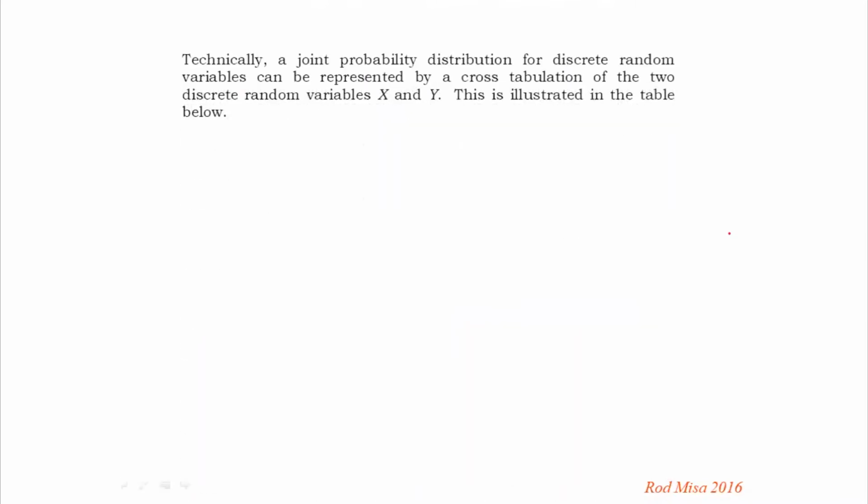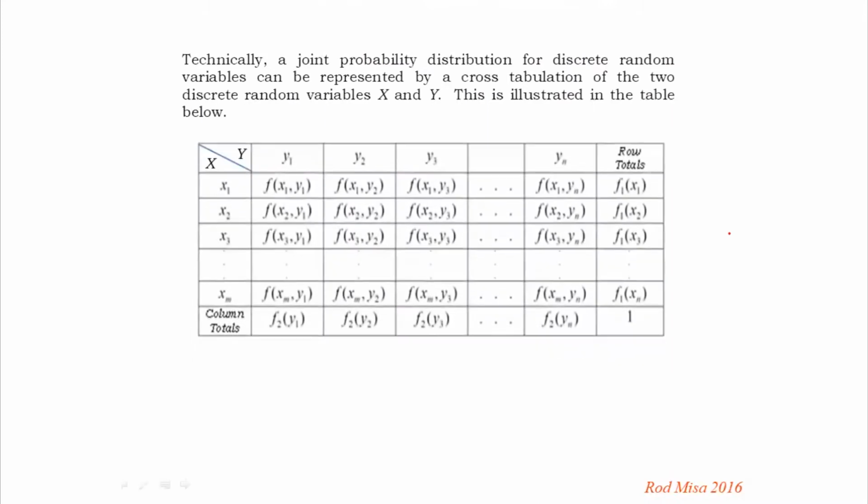Now, technically, a joint probability distribution for discrete random variables can be represented by a cross-tabulation of the two discrete random variables X and Y. This is illustrated in the table below.